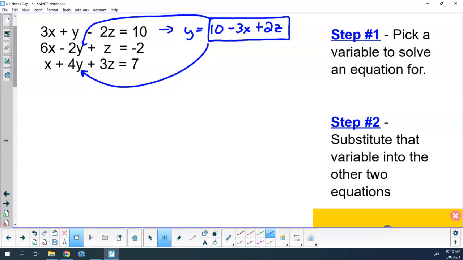So let's do the first one first. So we would have 6x minus 2 times our new y plus z equals negative 2.